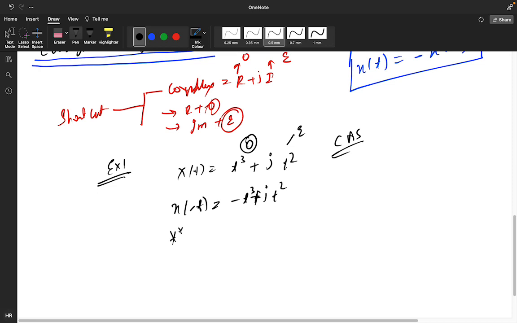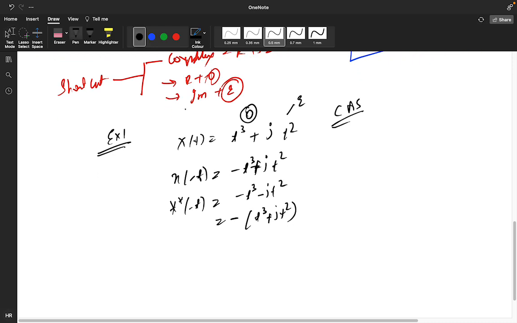Now do the conjugate, x conjugate of minus t. What will you get? Minus t cube minus j t square. Bring the minus out: minus of t cube plus j t square. So x conjugate of minus t is minus x of t.